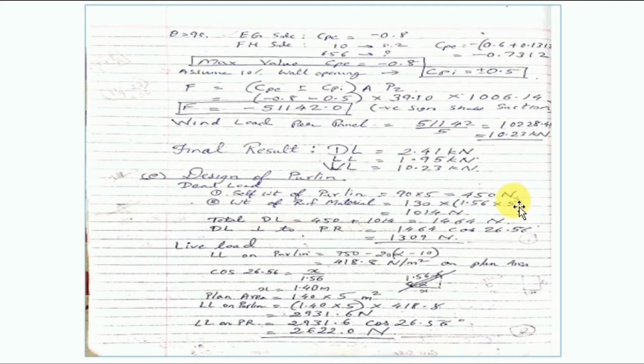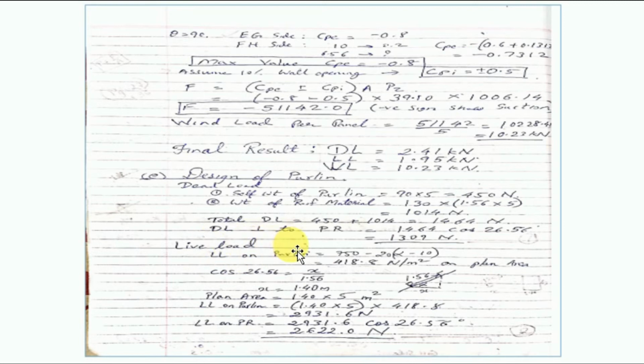So we are getting 450 Newton. Weight of roof truss material will be 130 into 1.56, each panel length, into 5, equal to 1014 Newton. Total dead load will be 450 plus 1014, which comes up to be 1464 Newton.